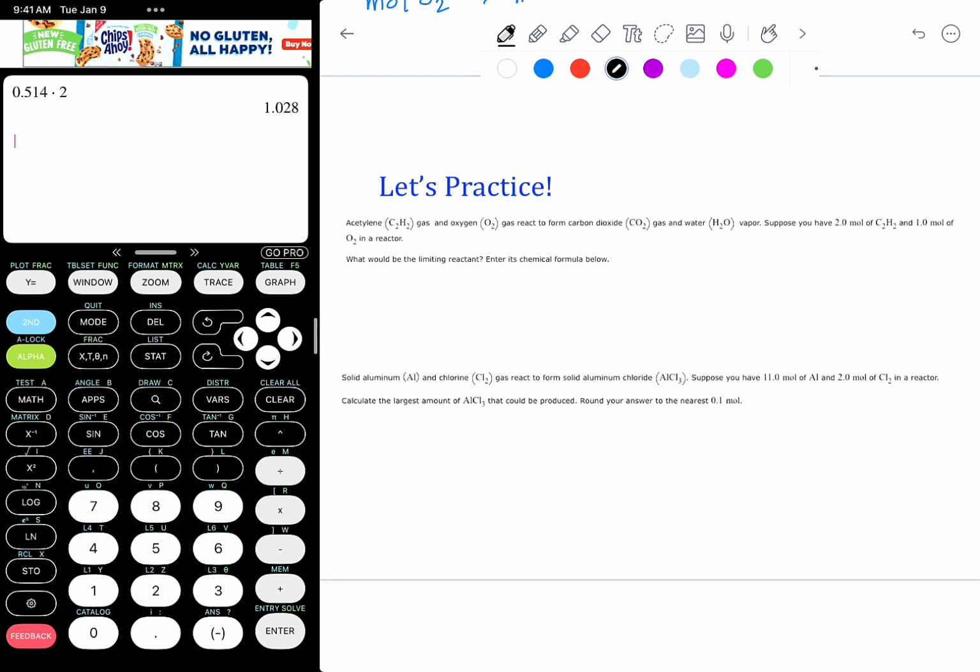Our first example, the balanced equation, is a combustion reaction. So the balanced equation comes out to 2C2H2 plus 5O2 goes to 4CO2 plus 2H2O.